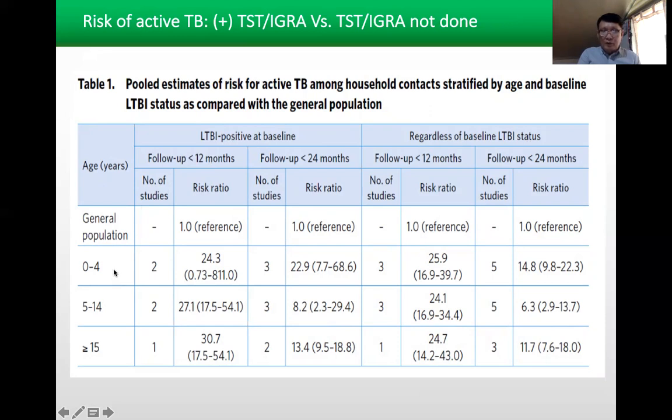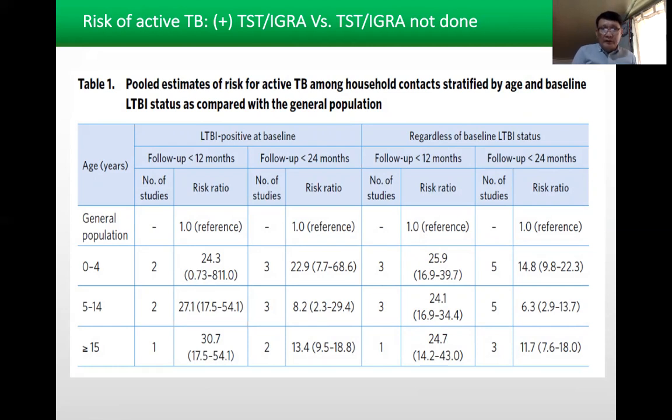So we can see that, as we always mention, below 5 years old, they really have a high risk of developing TB disease if not properly managed, if you fail to give the TPT, okay?